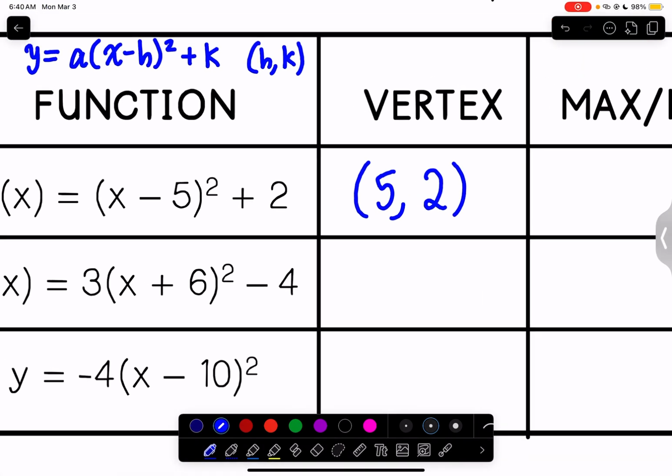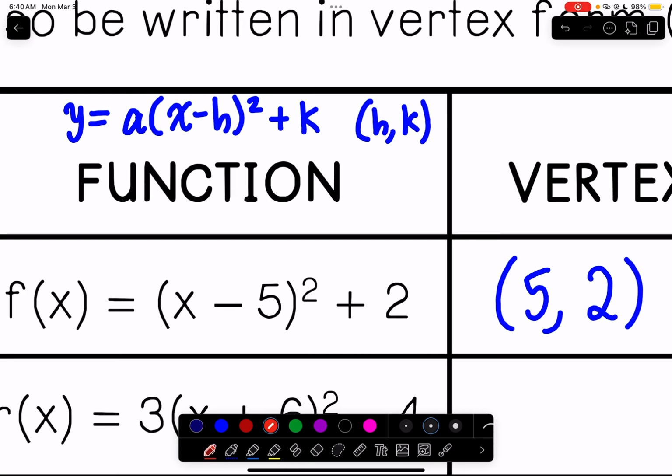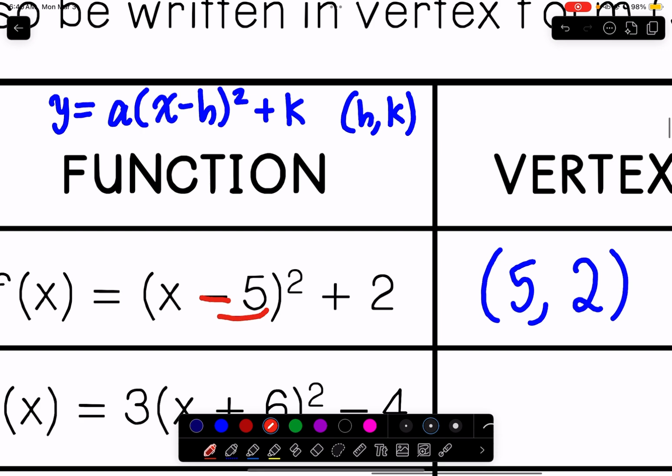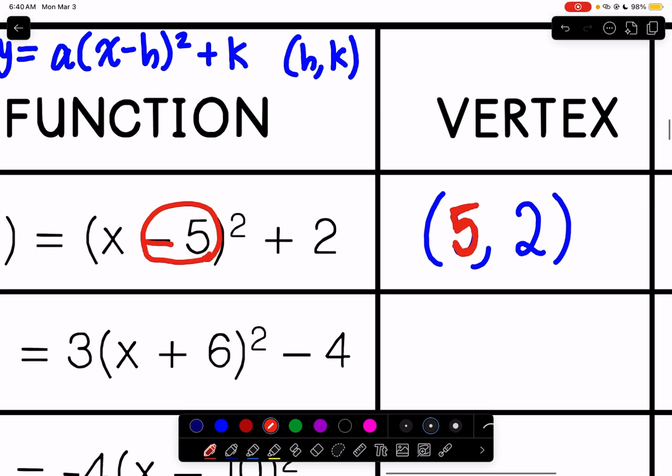Now, thinking about that minus and that plus from a second ago, what happened here? We had a quote-unquote minus 5, but our h value was actually a positive 5. The reason for that is because the minus is already part of our formula, which means that the h has to just be 5.